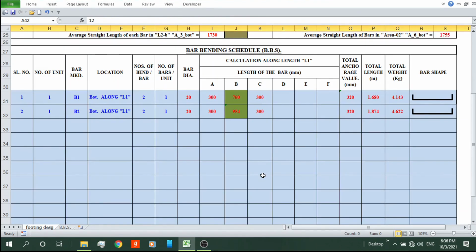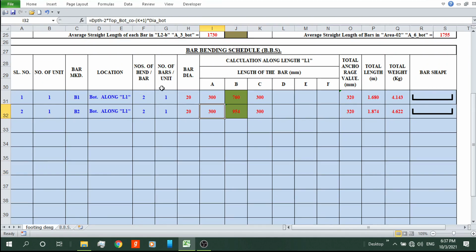This is our bar bending schedule. This is first bar, A2. This is second bar, this A2 plus actual spacing into rate of increment.